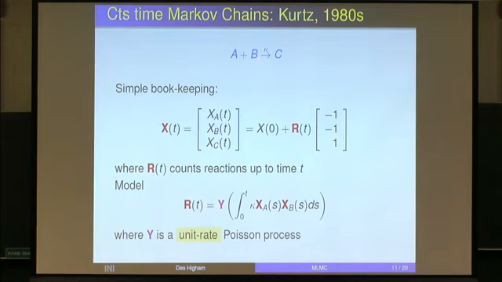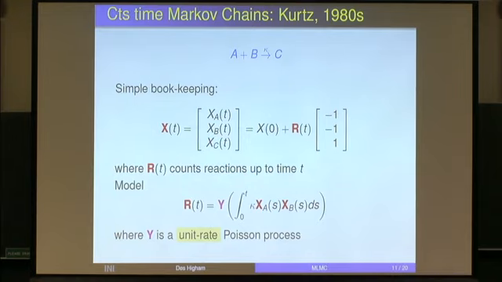So each reaction has the effect of adding one more of those vectors to the state. So R of t counts how many times the reaction has fired, and all the modeling that goes into this is then built into this counting function R. How many reactions have taken place up to time t?